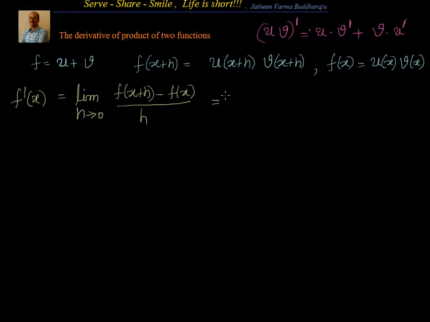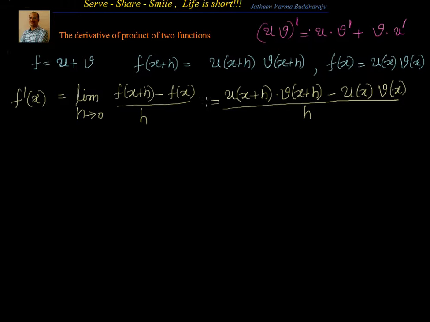So this is equal to, if I substitute the values, limit h tends to 0 of u of x plus h into v of x plus h minus u of x into v of x, divided by h.